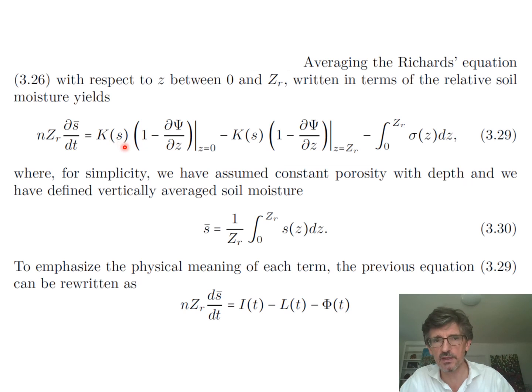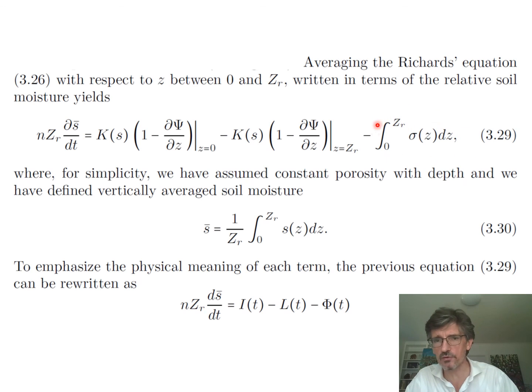This is simply Ks times 1 that comes from the gravitational component, and here is the gradient of the matric potential at the surface and at the bottom ZR, plus the negative contribution of the integration of the whole sink term. So this is the overall uptake that plants do over the rooting zone ZR.